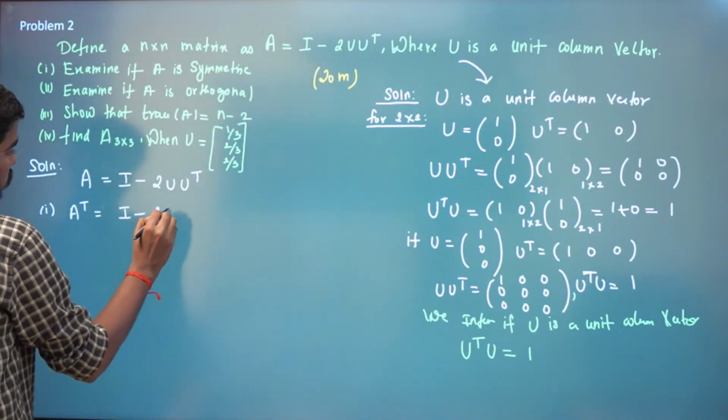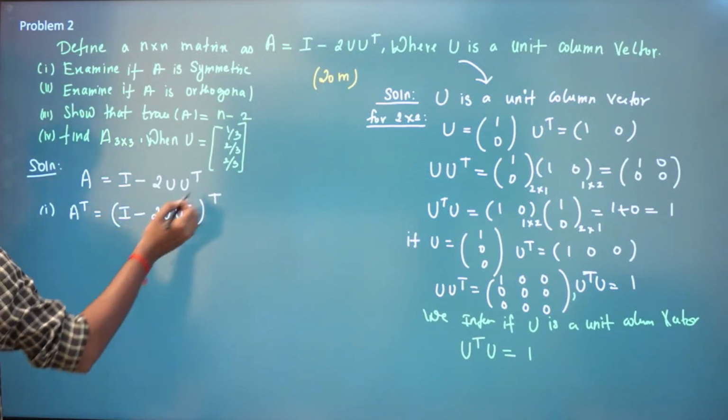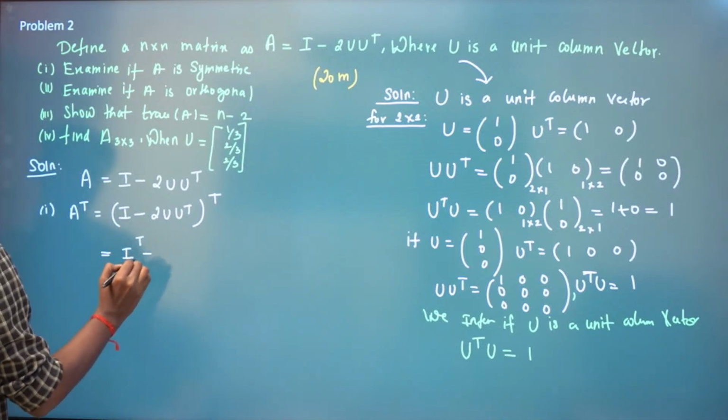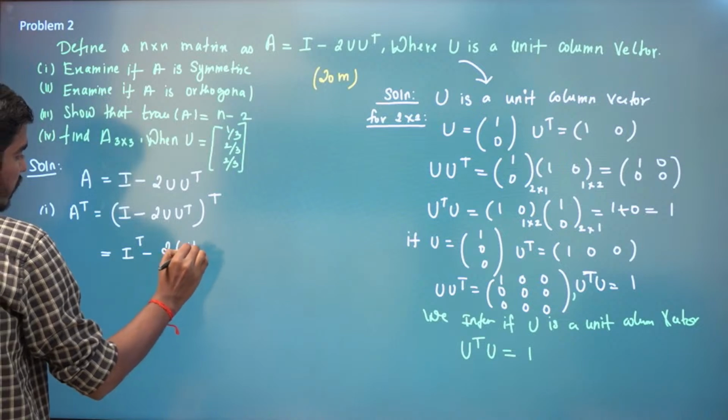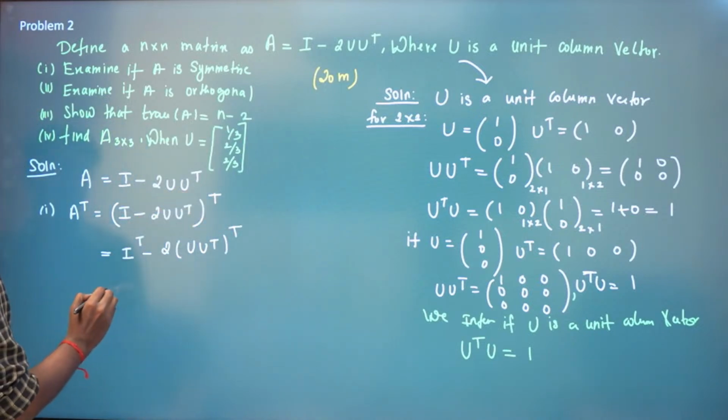So, I minus 2 times u into u transpose, whole transpose. A plus B whole transpose is the same as A transpose plus B transpose. So we will have I transpose minus 2 times u into u transpose whole transpose. I am taking the transpose separately for each.